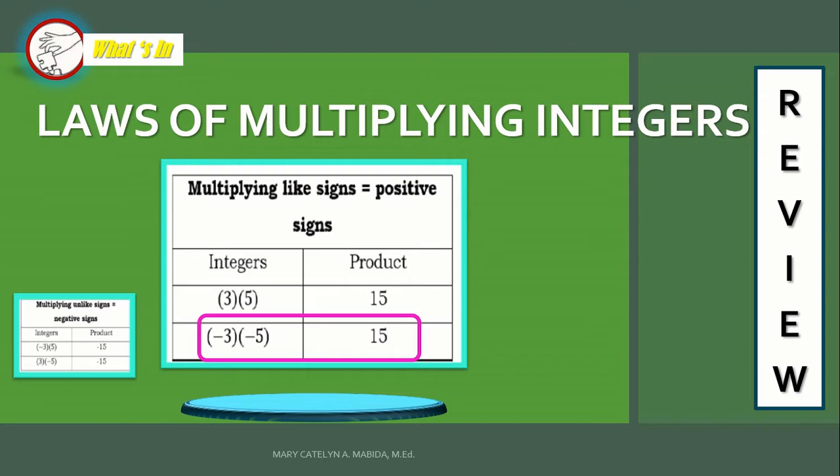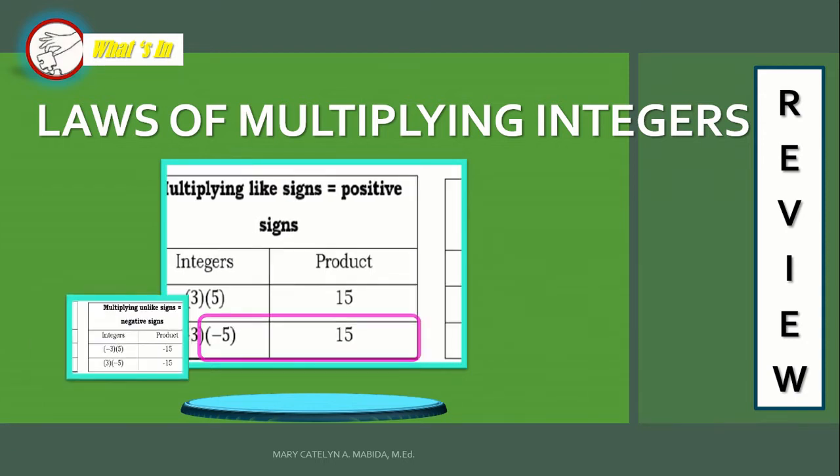Again, what is the product of numbers that have like signs? Two numbers with like signs when multiplied together will get you a positive answer or a positive product. Good job! Let's move on to the second law.